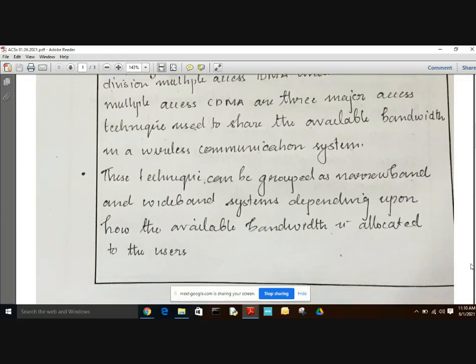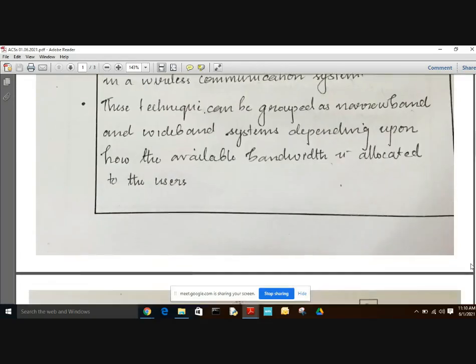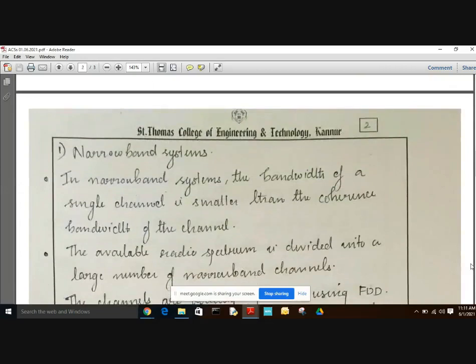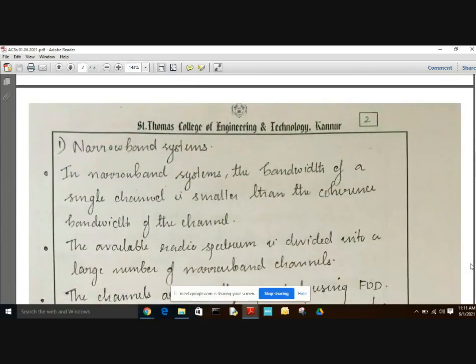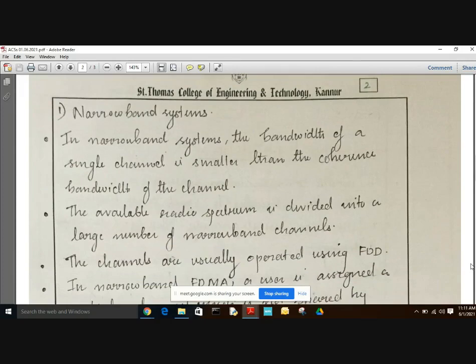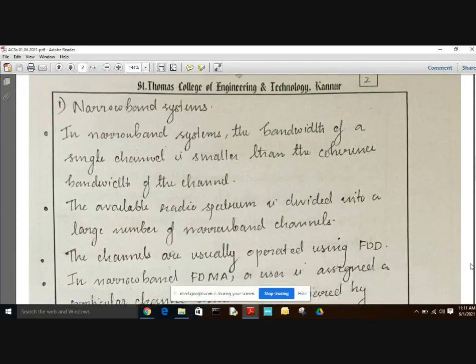Now we will look at what we mean by a narrow band system. In a narrow band system, the bandwidth of a single channel is smaller than the coherence bandwidth of the channel, and the available radio spectrum is divided into a large number of narrow band channels.